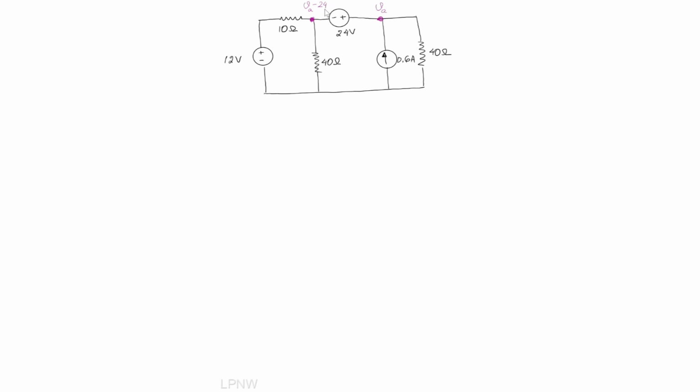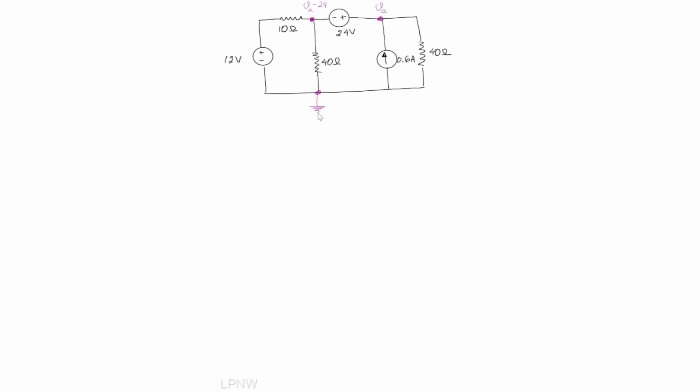The 24 is the 24 volts indicated at the voltage source itself. Then we will arrange a reference point. Let's say the reference point is going to be right here at the bottom, and the voltage at that reference point we know is 0.